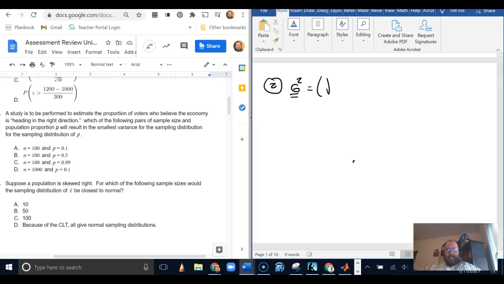So that's going to be P times Q over N, right? Problem A is 0.1 times 0.9 over 100.